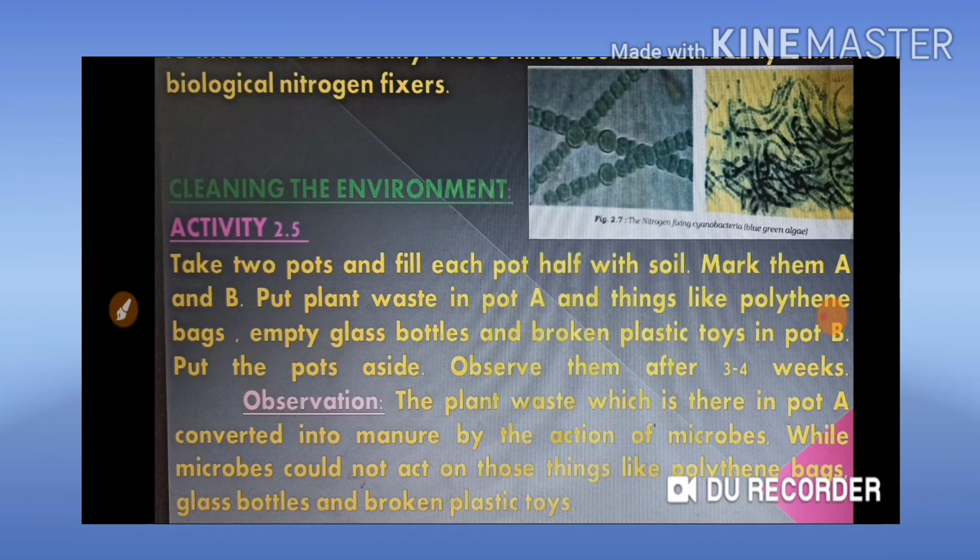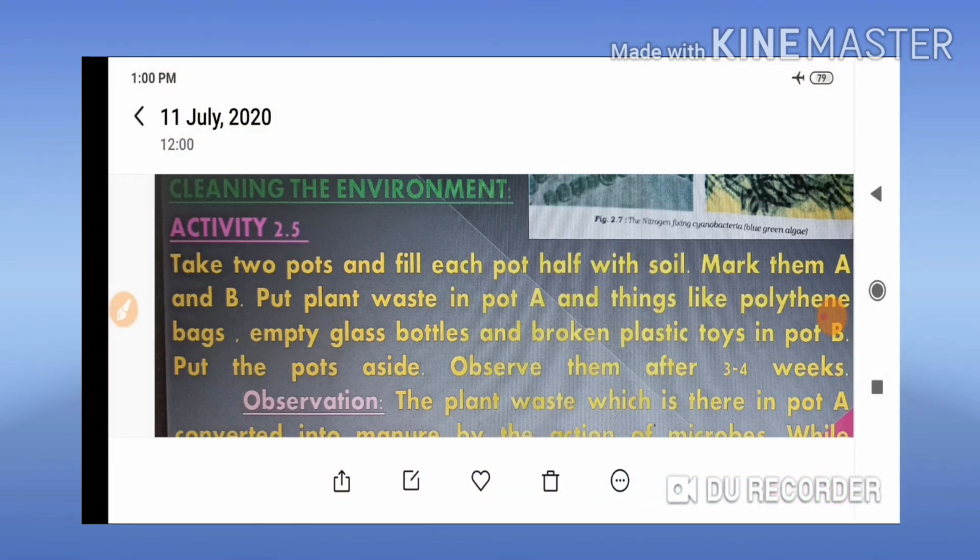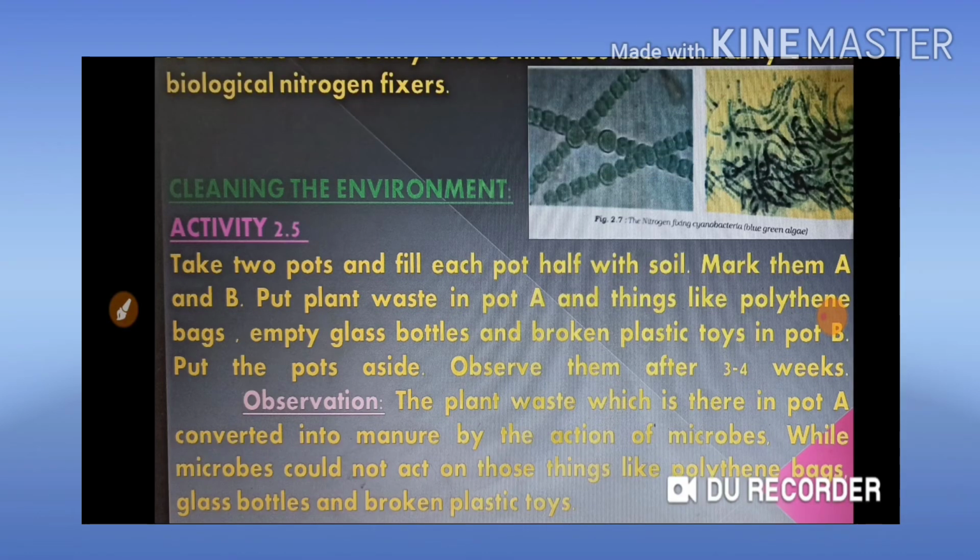If you take the example of our country, we have reached 130 to 140 crore. By this index we can understand that the population keeps going up every year.